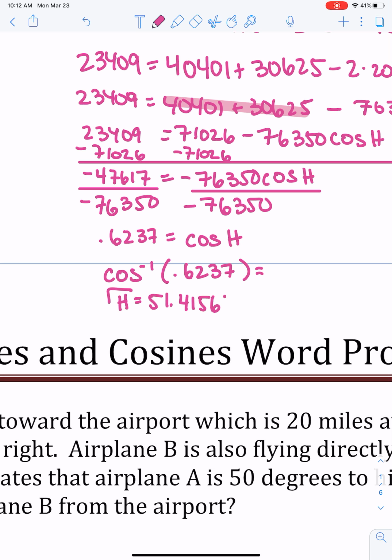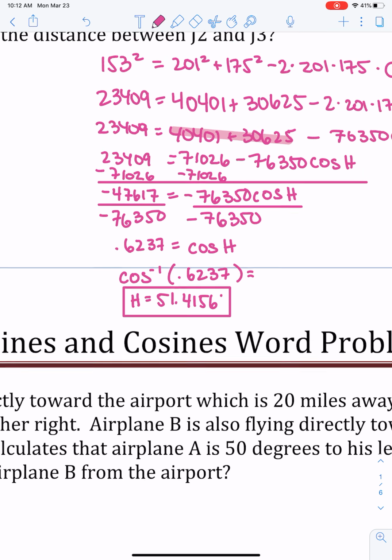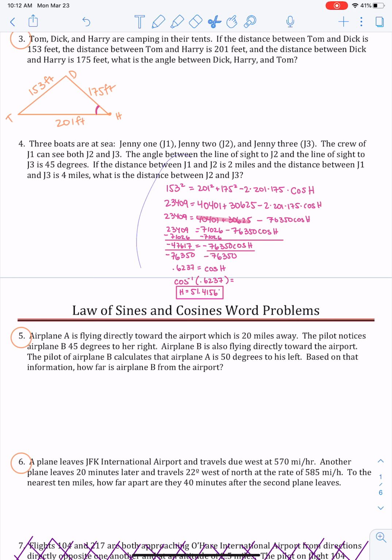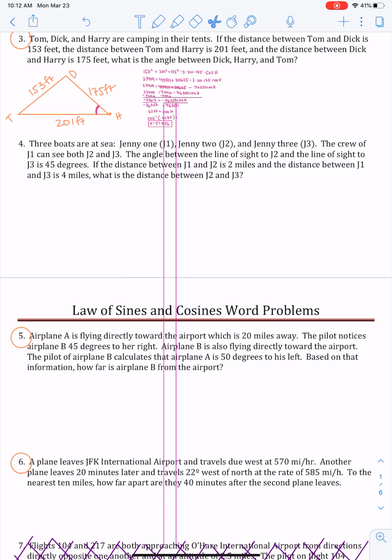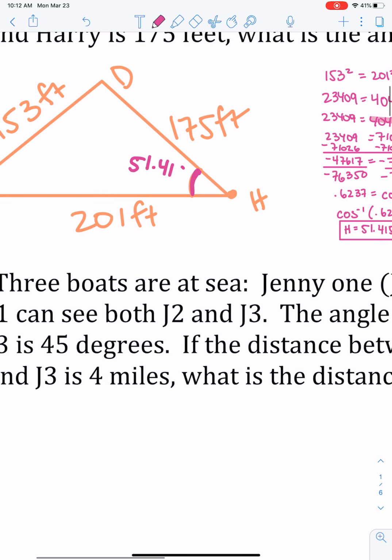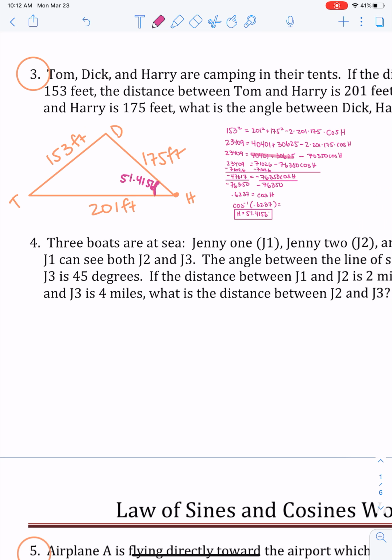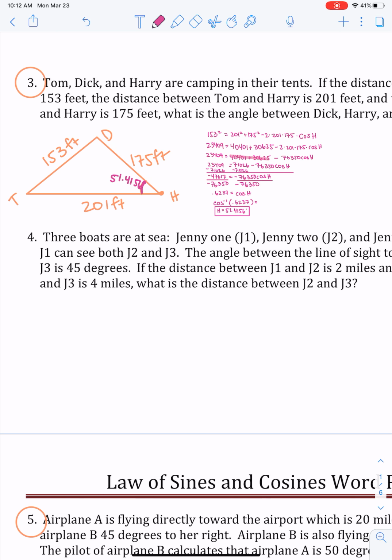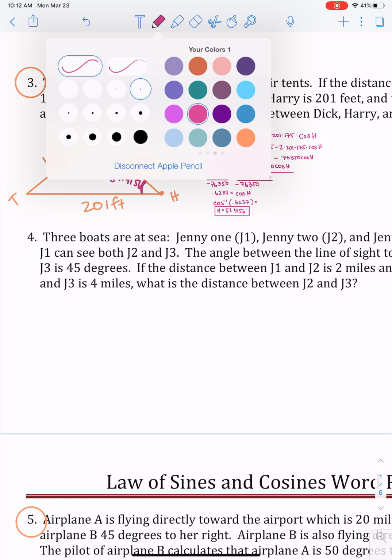And that would be in degrees. Okay, so I'm going to shrink this down, bring it back. And now I know Harry's angle, which was 51.4156 degrees. I do not want to do law of cosines again because that just took a while.